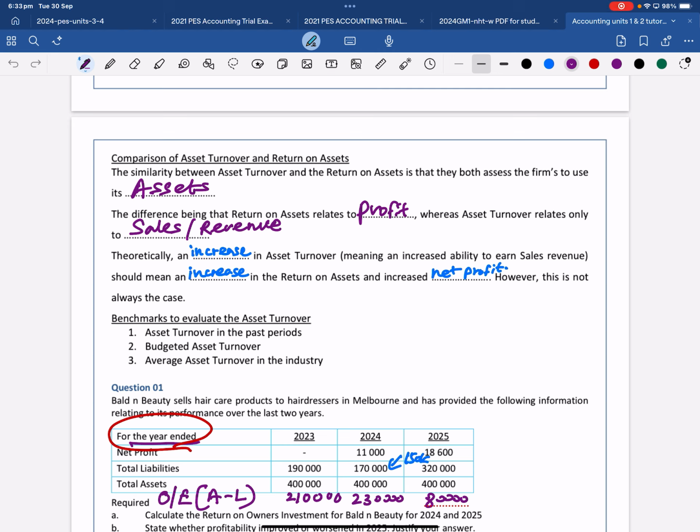You get it? What are the answers? I need it.